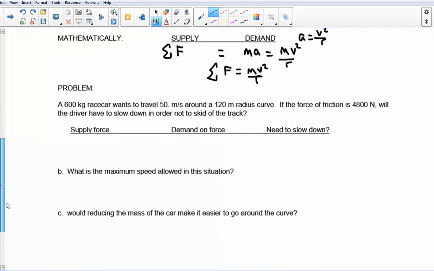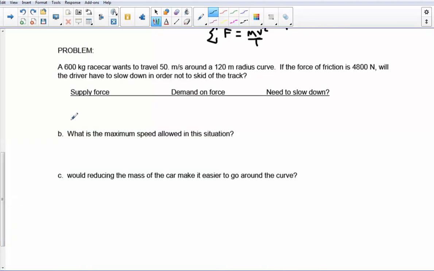So let's take a look at a problem here. We have a mass of 600 kilograms. A race car wants to travel 50 meters per second around a 120 meter radius curve. If the force of friction is 4,800 newtons, will the driver have to slow down in order to not skid around the track? The supply force is due to friction, which is an amount of static friction of 4,800 newtons. The demand is mv squared over r.